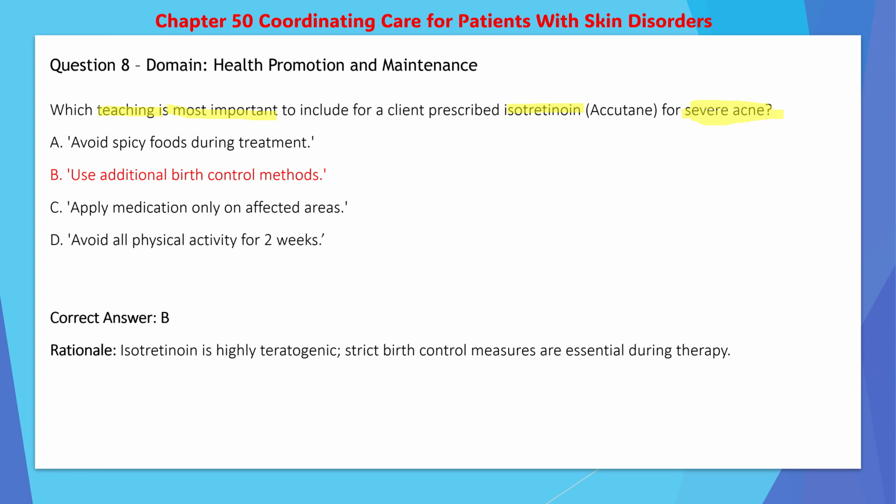So strict birth control measures are essential during therapy. There are other things you need to be aware of, but that's in a different chapter, so I keep it for another time.